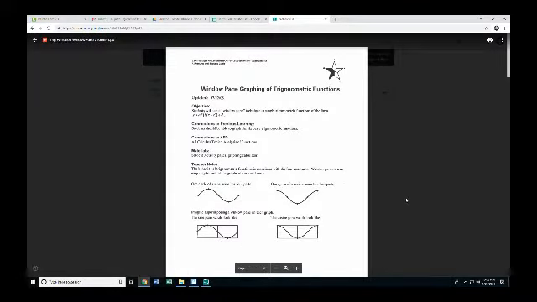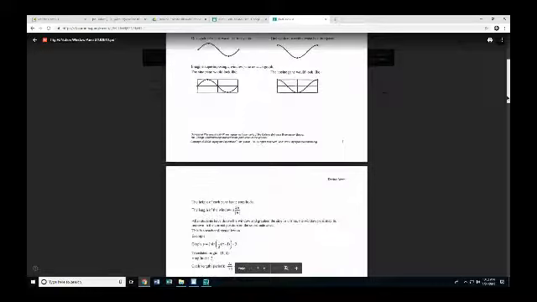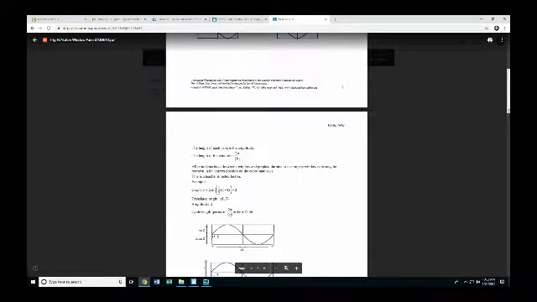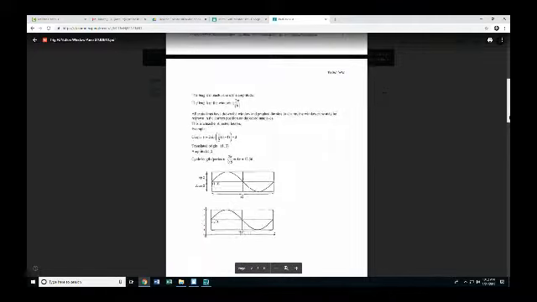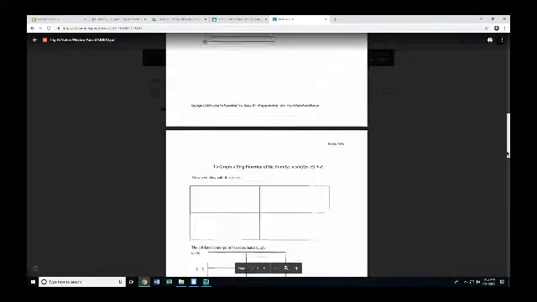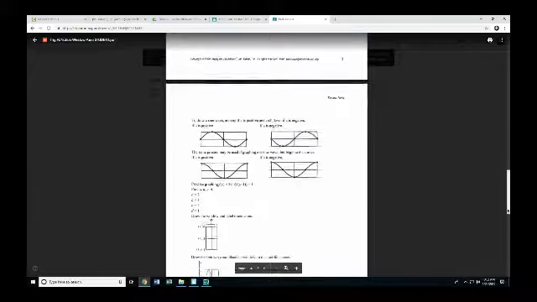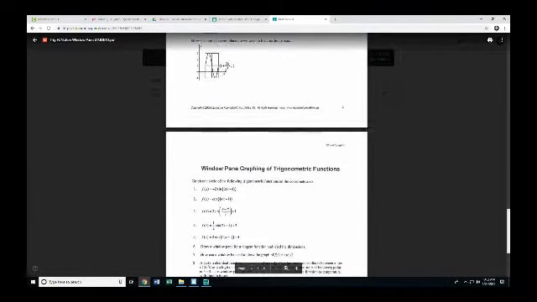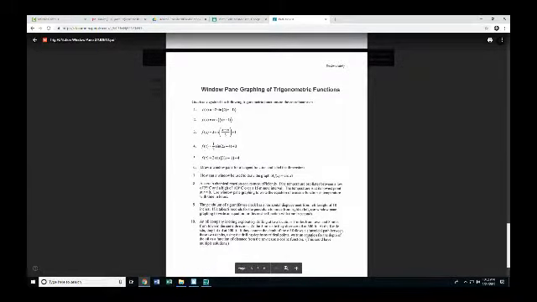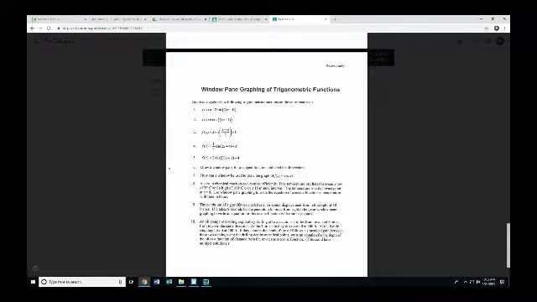I posted a document for you on Classroom. This is a slightly different method to graph these, but I try to make it as easy as possible on you, so you shouldn't need it. I'm asking you to do 1 through 4 on this sheet.